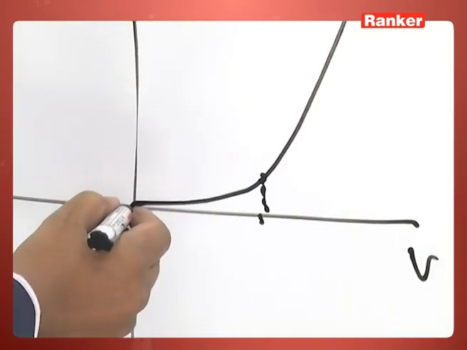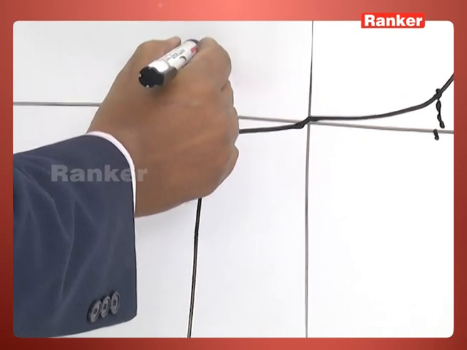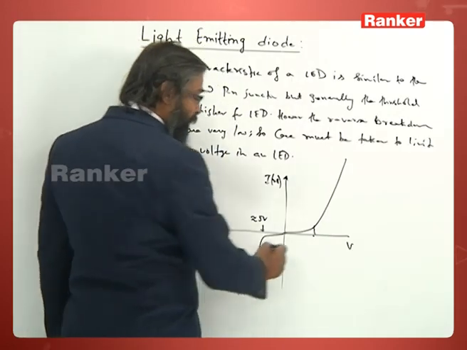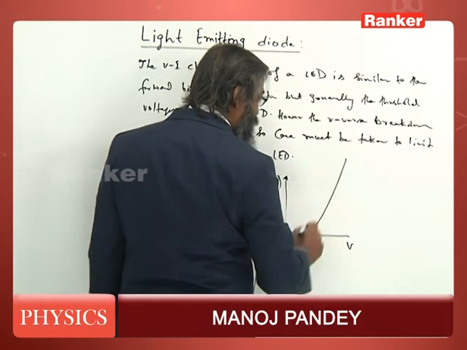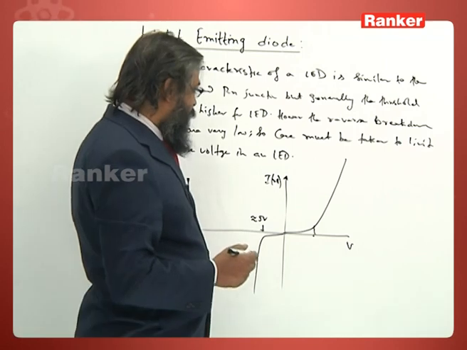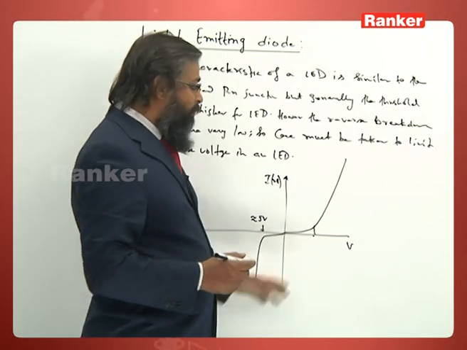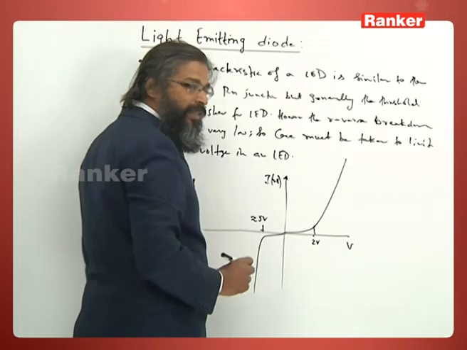And here you see the reverse voltage is very less. The breakdown region is of the order of a few volts, generally of the order of 2 volts.